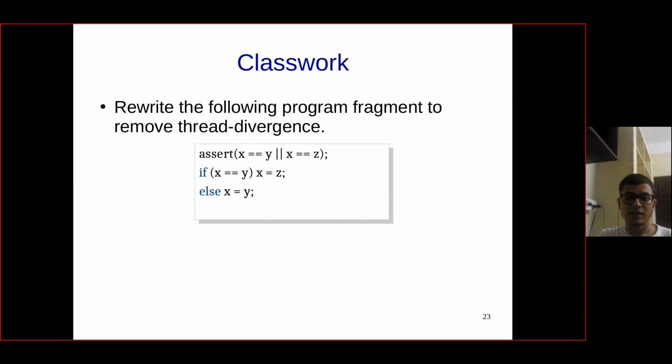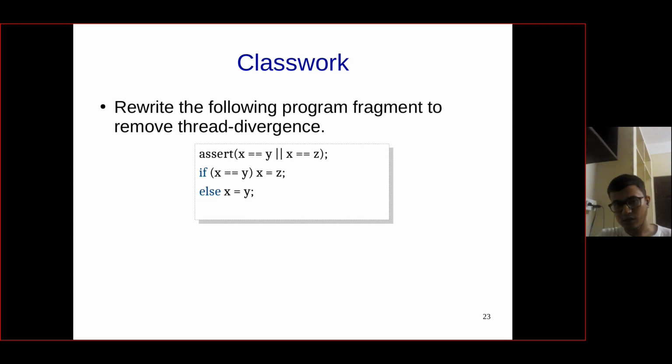So x can either be equal to y or can be equal to z. The x cannot have any other value than y or z. Then we are checking that if x equals y, then we'll assign the value of z to x. Else if x is not equal to y, which means the value of x is equal to z, which is the second case, then we'll assign the value of y to x.